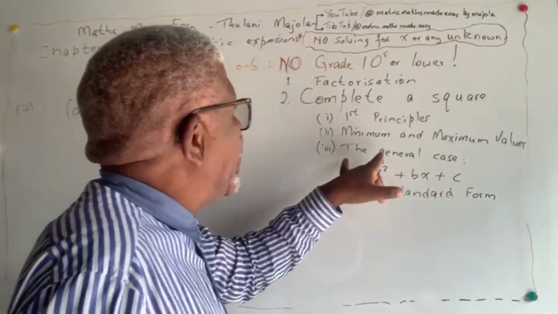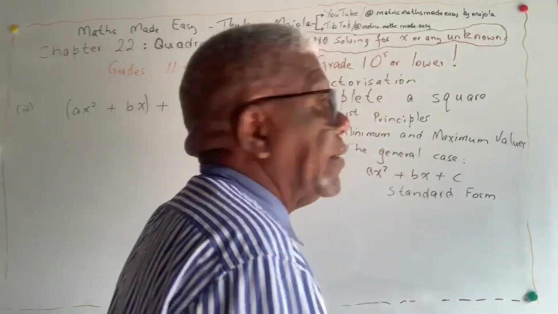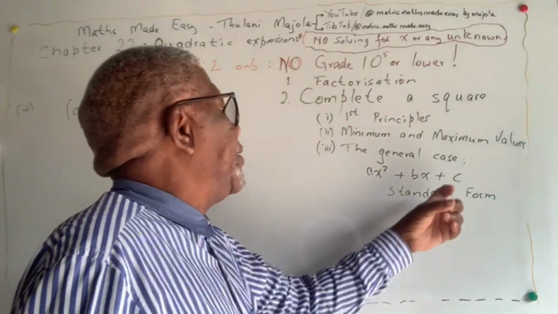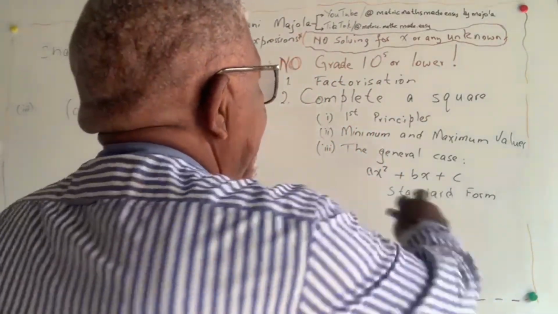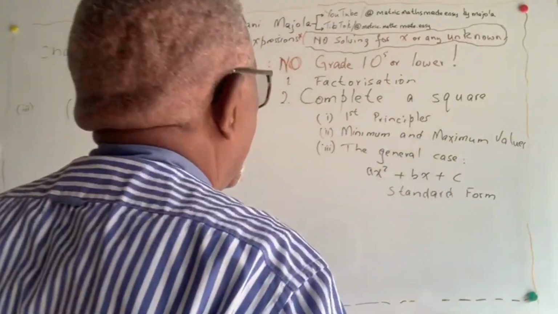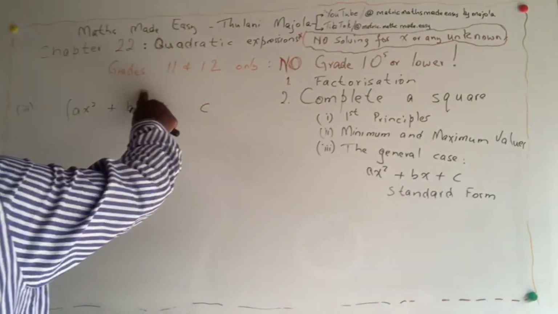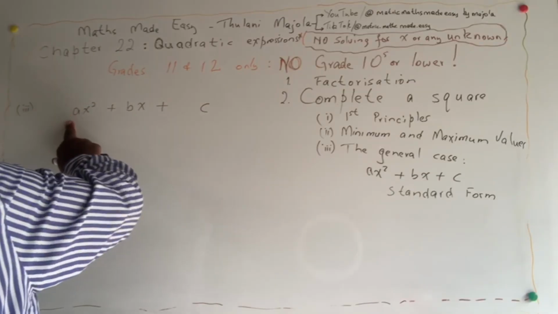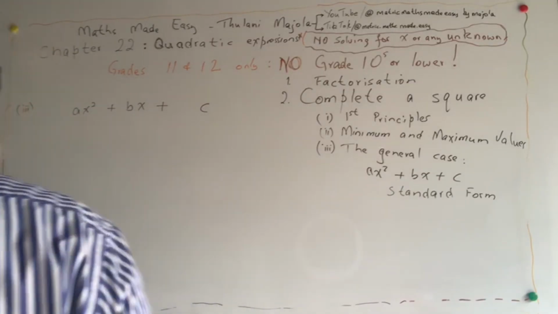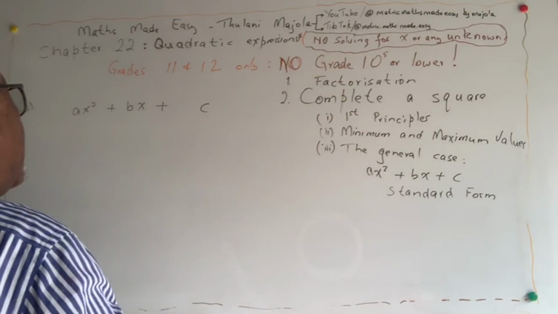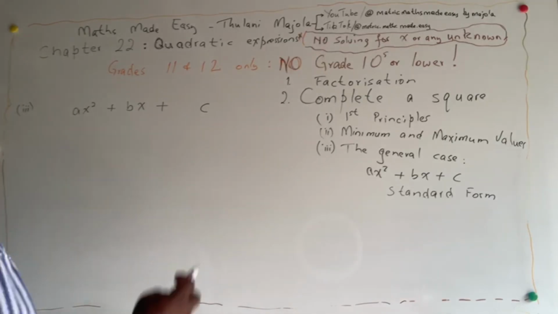So now we're doing the last one, the general case: ax squared plus bx plus c, which is the standard form. If you take that standard form and complete the square, you know what to do.